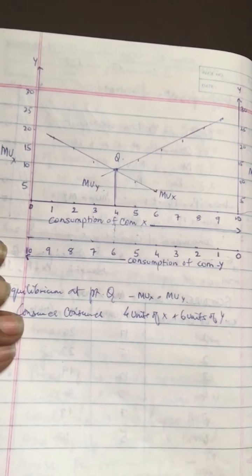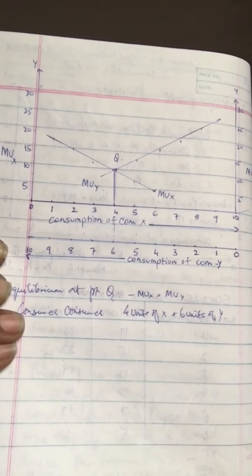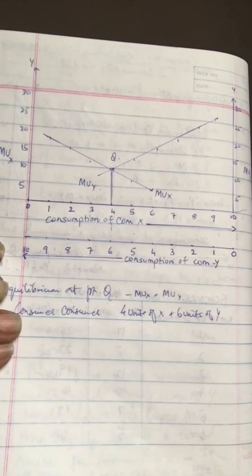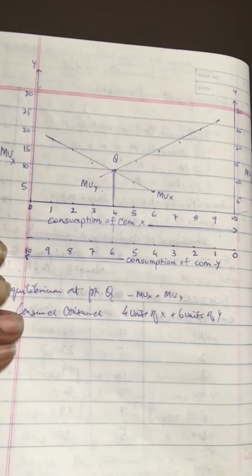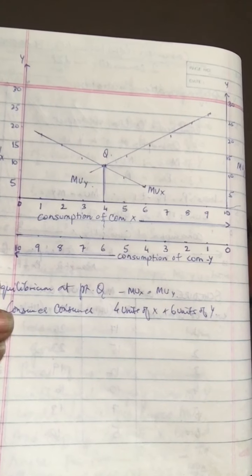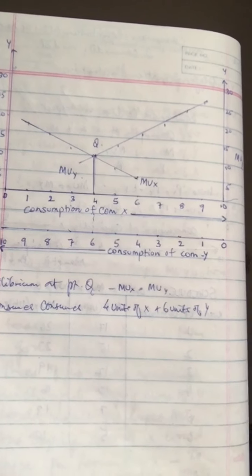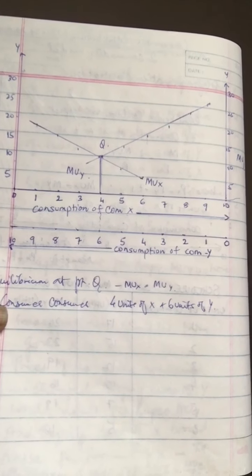Both of these marginal utilities are equal when the consumer purchases 4 units of commodity X and 6 units of commodity Y. It is corresponding to this combination of X and Y that the consumer is maximizing his satisfaction, and this is where he strikes his equilibrium at point Q. Here MUX is equal to MUY.